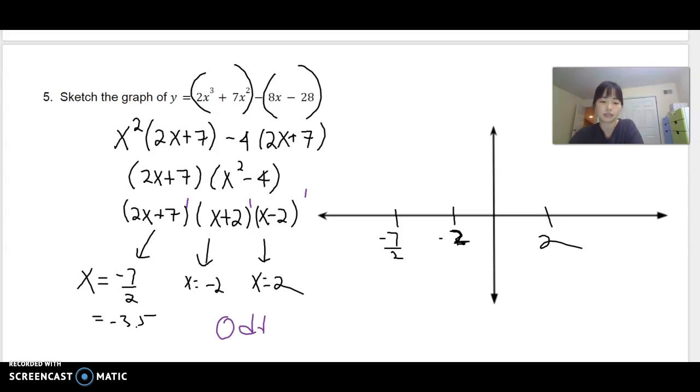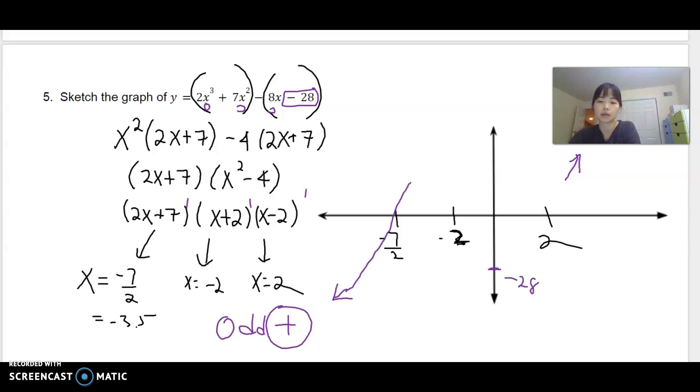It's odd and positive. And I'm telling you, all the ones that you have to factor are always going to look like this. Now, let's not forget the y-intercept this time. So you put 0, 0, 0, and the y-intercept is going to be -28. So pass, pass, pass. Cool?